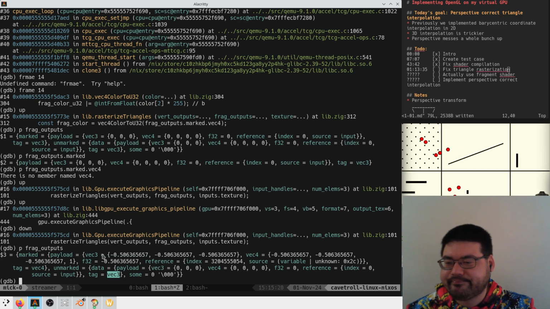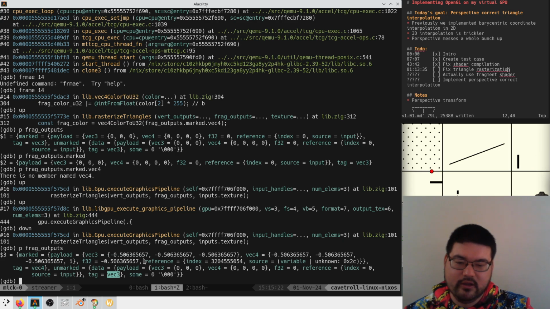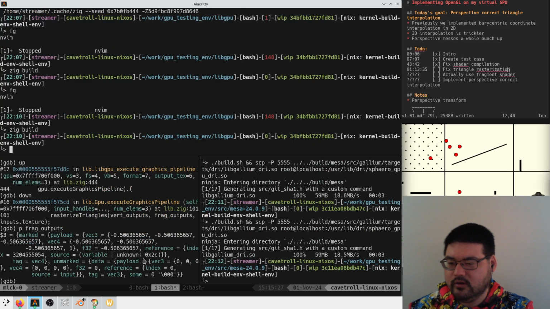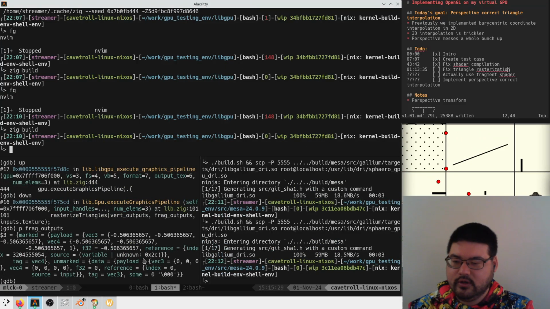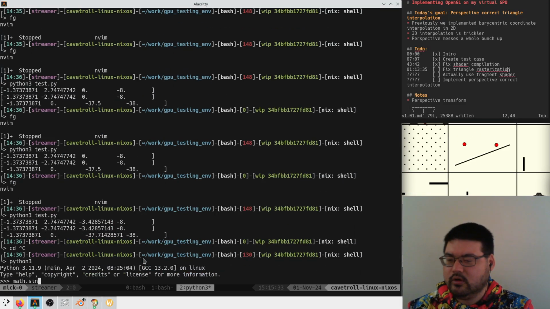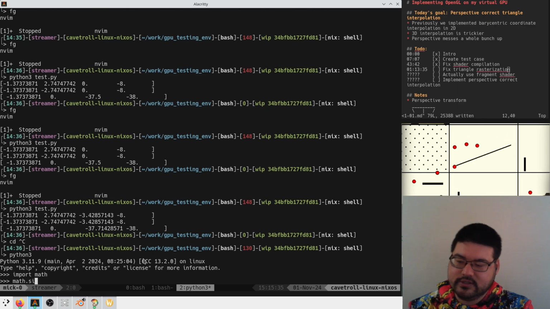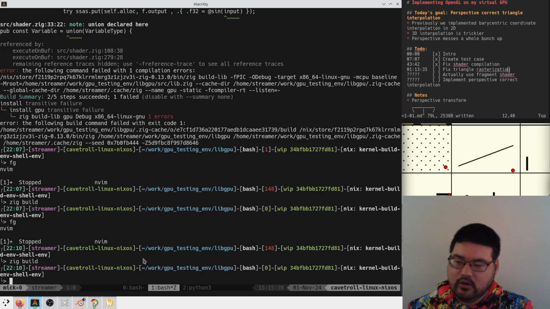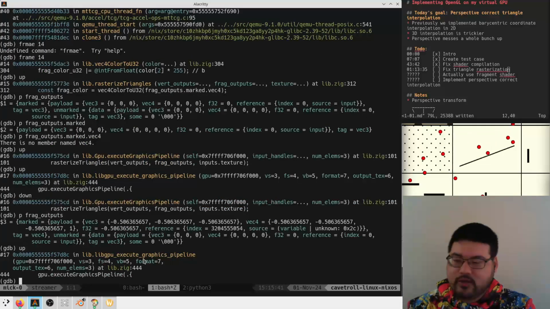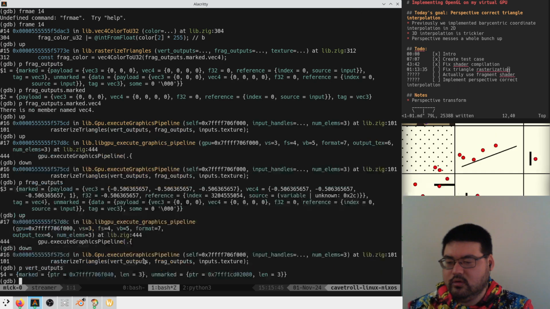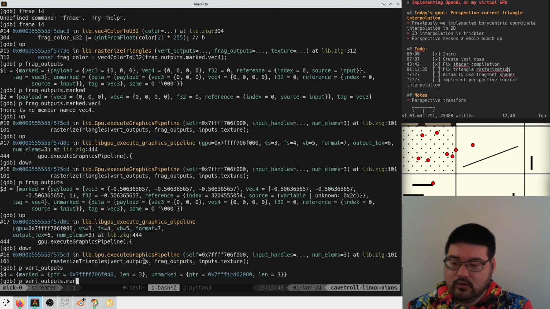So it might be interesting to look at, do we have a Python shell somewhere? Import math, sine. No, okay. Can we look at what our vertex shader inputs are?